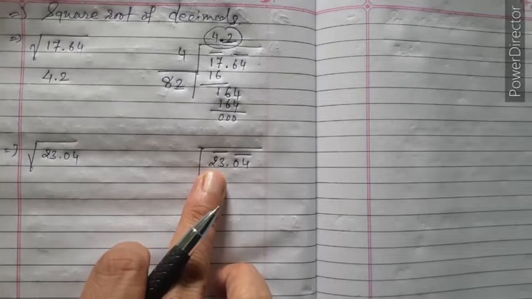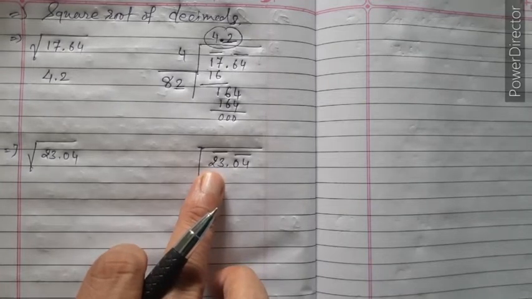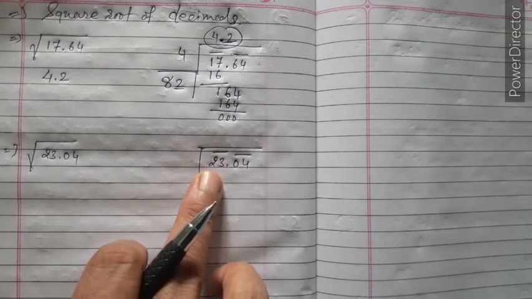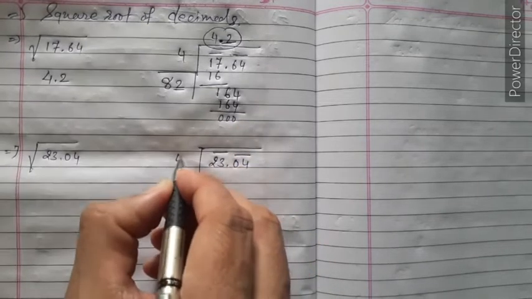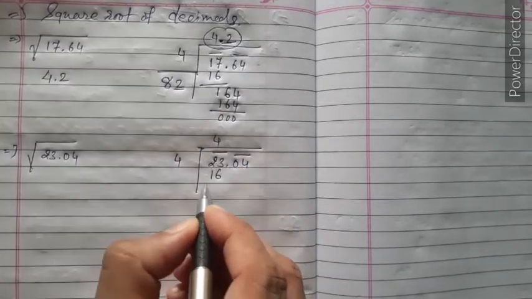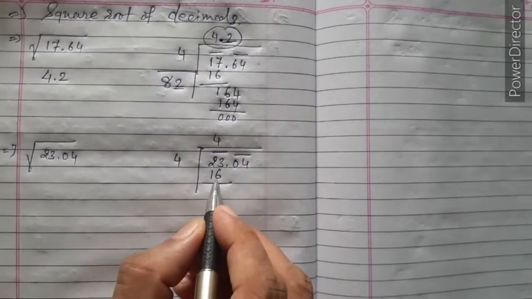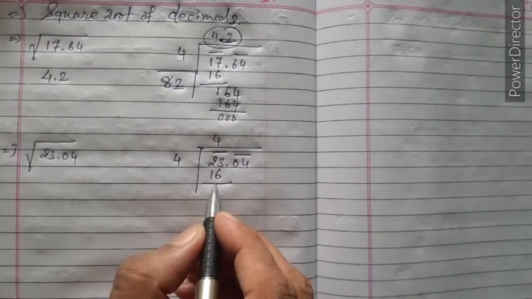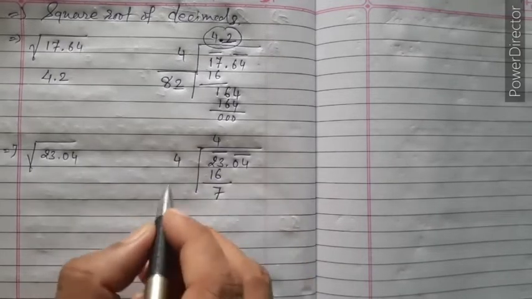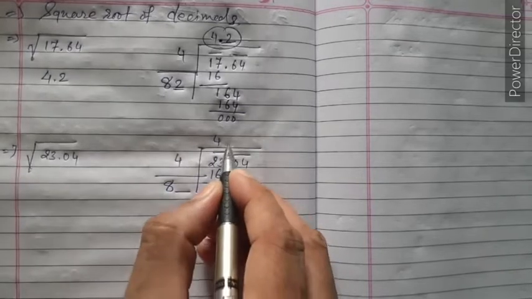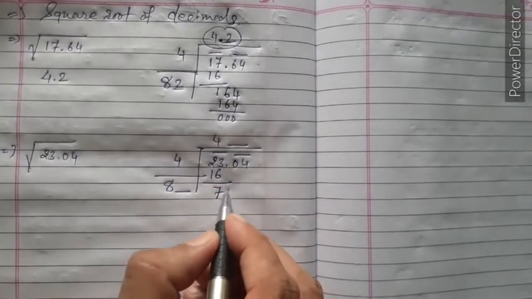Now find out the number whose square is less than 23. So 4 square is 16 and 5 square is 25, so 16 is there. So 4 4s are 16. Subtract 23 and 16, that is 7.